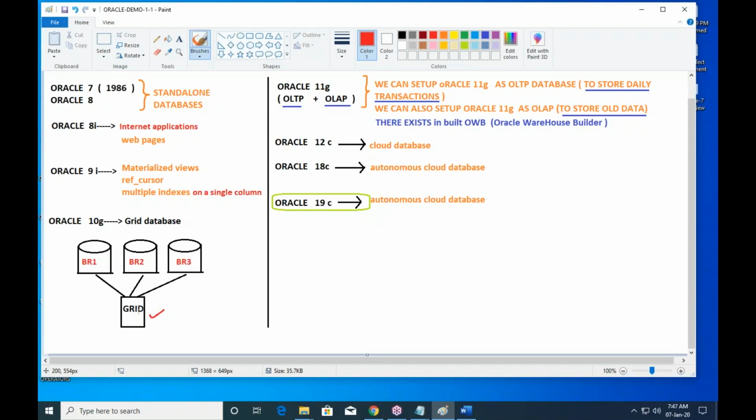Same example I am applying to this diagram. Grid is a system. It will always monitor each database server. And if there is a sudden failure of a database server, the grid immediately comes into the picture.